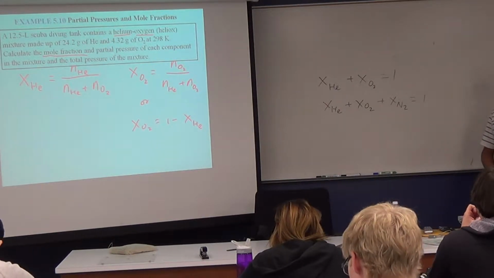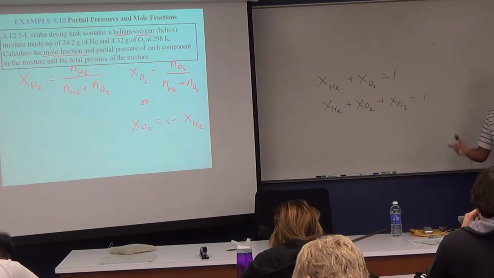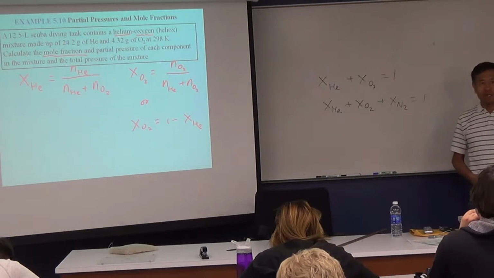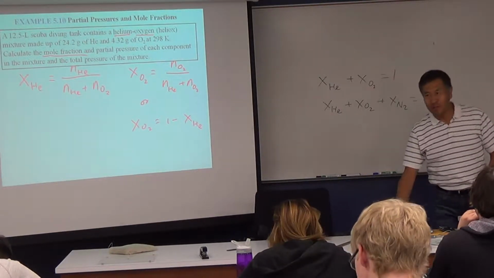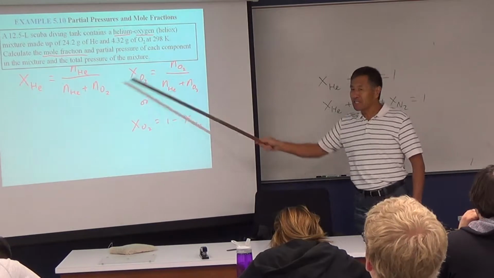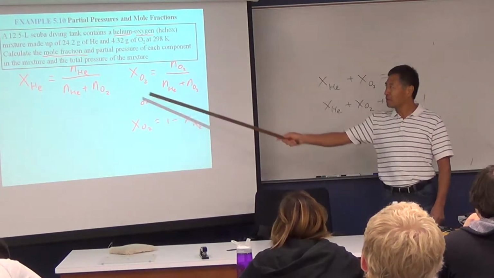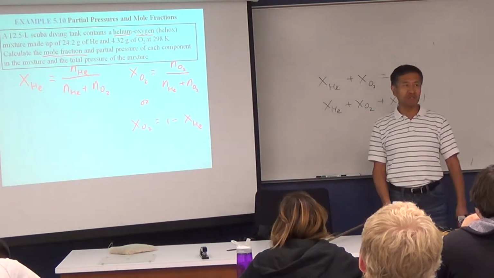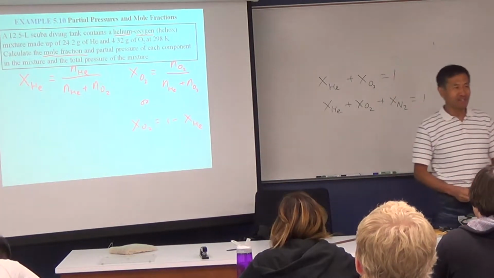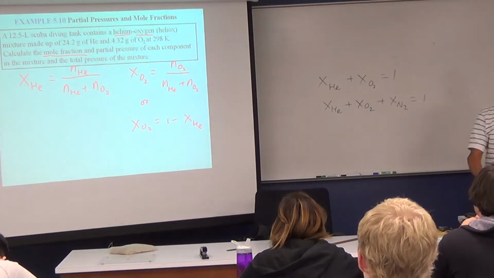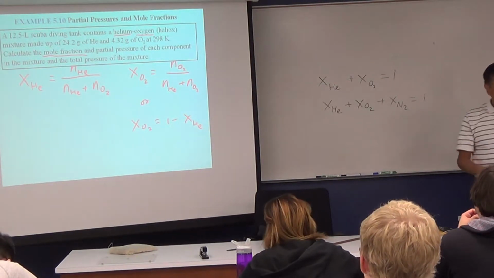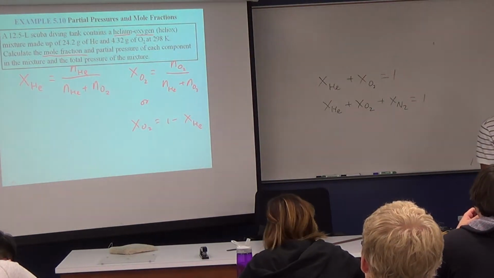So if you want to find out the mole fractions, you have different ways, depending on what you like. Using that equation, probably you will have fewer mistakes, because it depends on what you get for the first one. If you make a mistake for the first one, then you get both wrong. Alright, so let's use the initial definitions to get both of them.